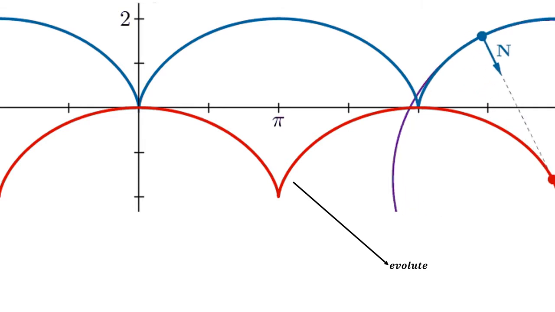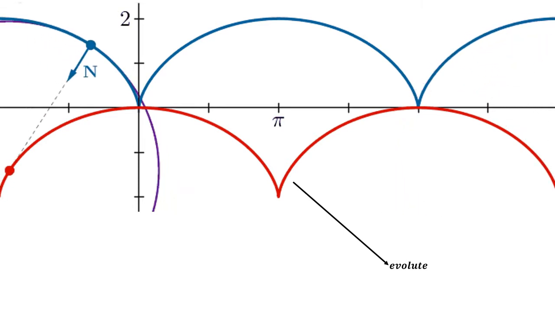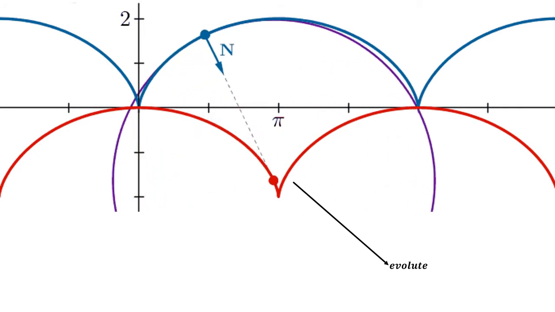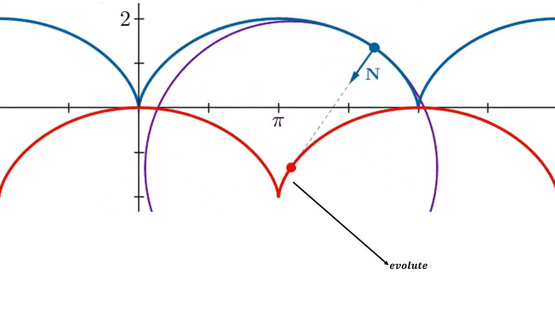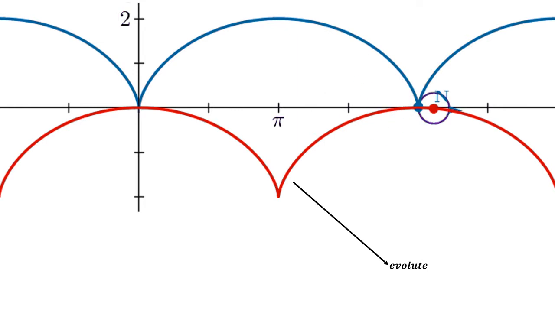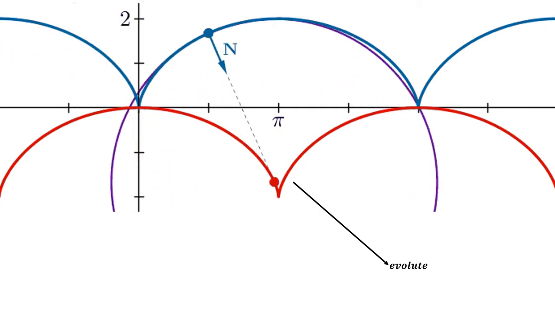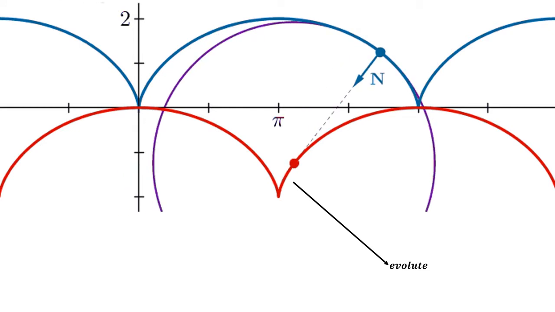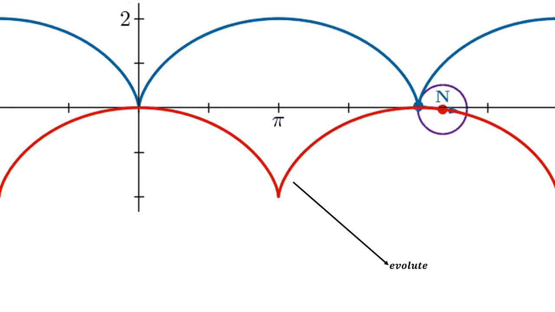I repeat, evolute is the curve that is obtained by joining each and every center of curvature of the given curve. And the curve which generates the evolute is called an involute. Over here, the blue curve is called the involute of its evolute. Hope it is clear to you, students.